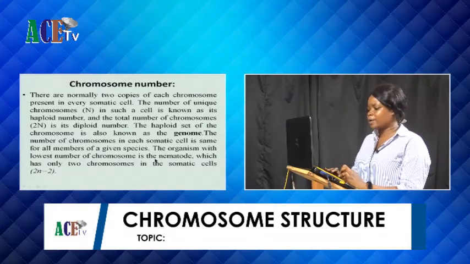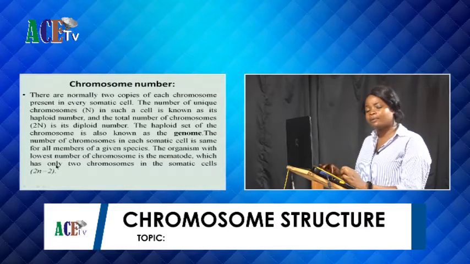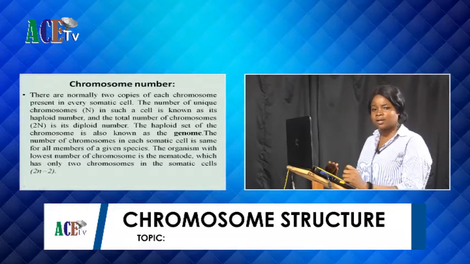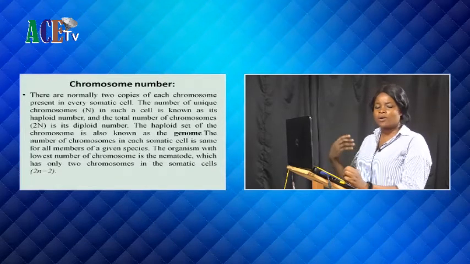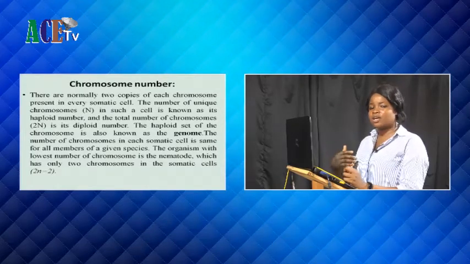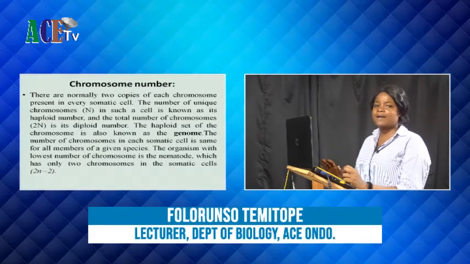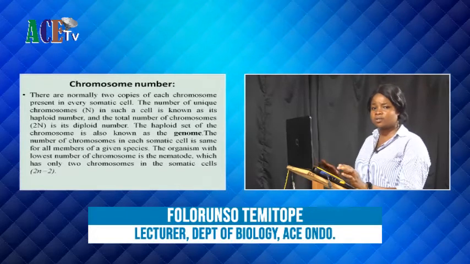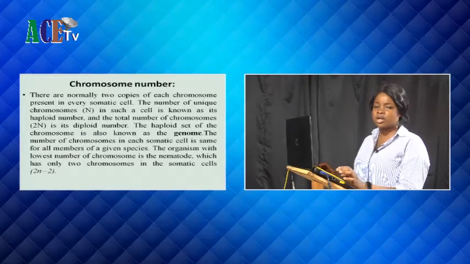It has just 2 chromosomes, whereas in human beings we have 46. We have in wheat also like 46. In males like Drosophila, we have 8. So each chromosome number varies from one organism to another, and it doesn't change within the same members of a species.